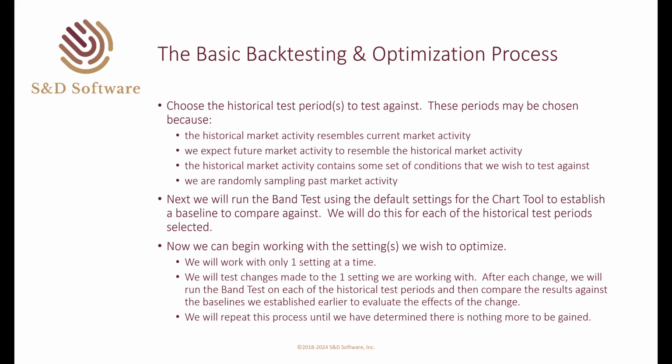Another thing, maybe we just want to test our system against a specific unique set of market conditions. If there was a particularly interesting period where the market was behaving in an unusual fashion, we may wish to see exactly how our system would handle that.